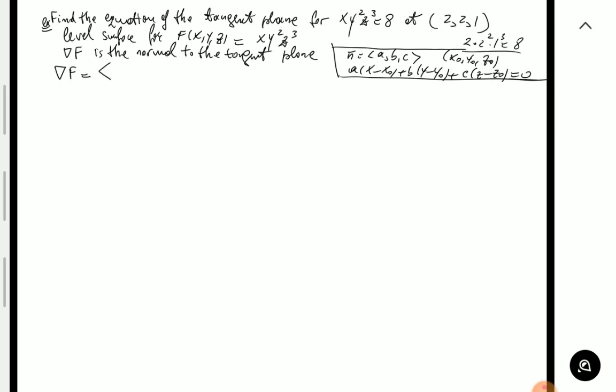Compute the gradient: partial x is y squared z cubed, partial y is 2x y z cubed, partial z is 3x y squared z squared. At the point in question, again, carefully plug it in into x, y, z.